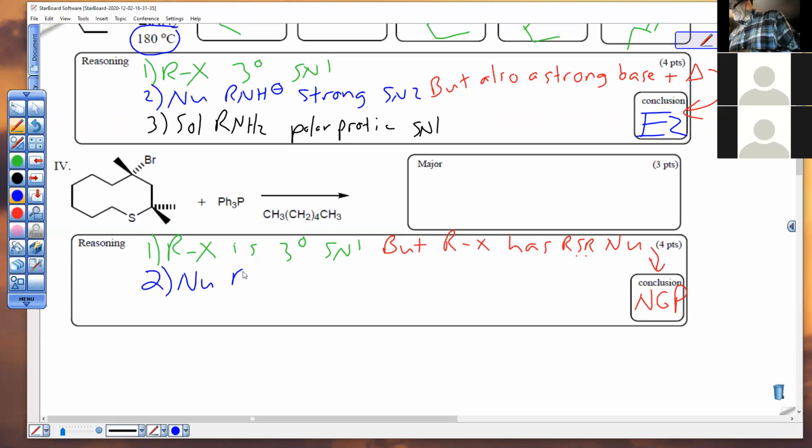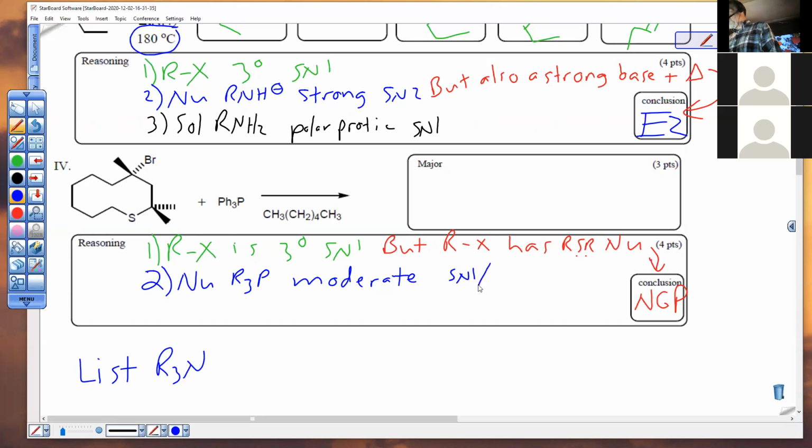Nucleophile R3P. This is the other nucleophile, the one that's not in the same molecule, is moderate. How do I know that? Because it's not on my list of moderate nucleophiles. Very sad. But we have R3N on the list. Tertiary amines are moderate. When they're moderate, we don't know if they're SN1 or 2.